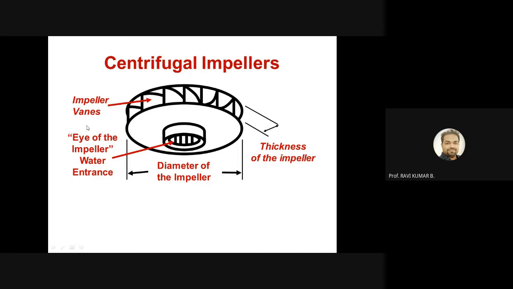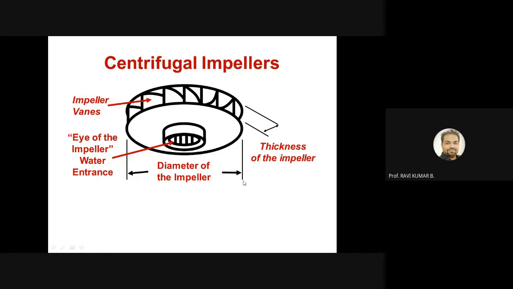If we look at the detailed view of the centrifugal impeller, this is the impeller, which is basically a rotor, and this is the eye through which water will be entering, and this is the overall diameter of the impeller.